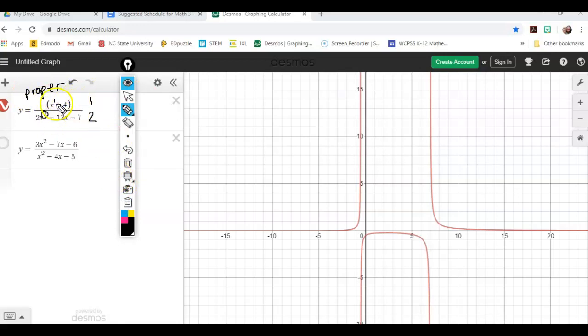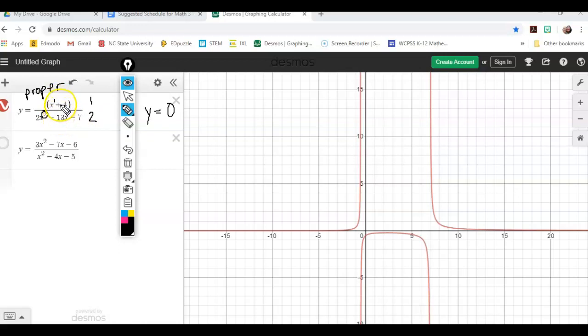All right? If your rational expression is a proper fraction, that means that its horizontal asymptote is going to be 0. Always. When we have a proper fraction, no matter what number we plug in for x, this one has a higher power. So this bottom number is always going to turn out being bigger than the top number.